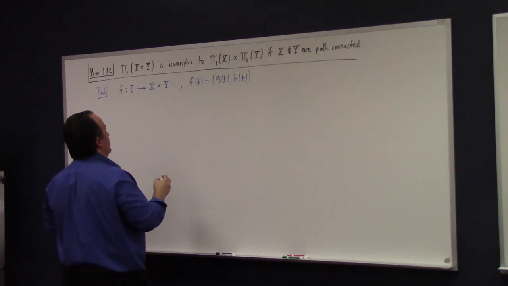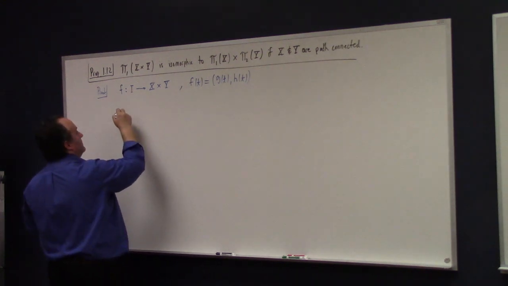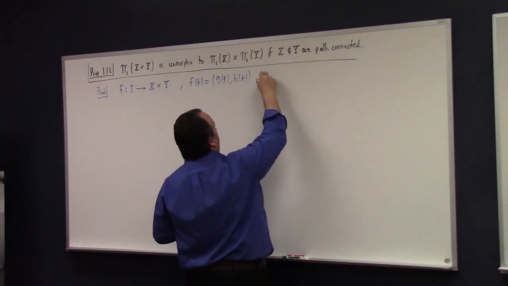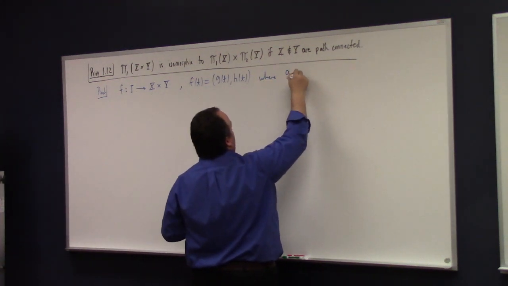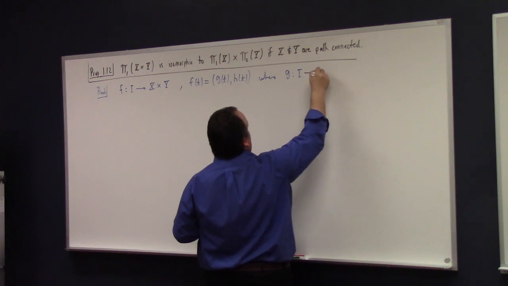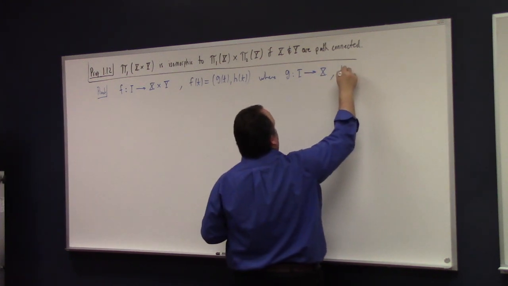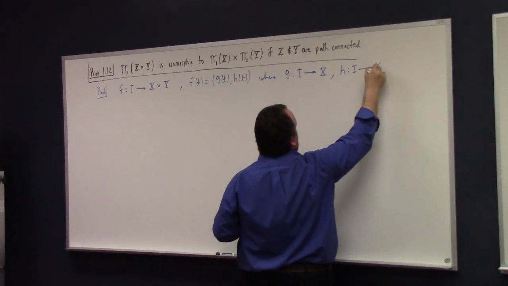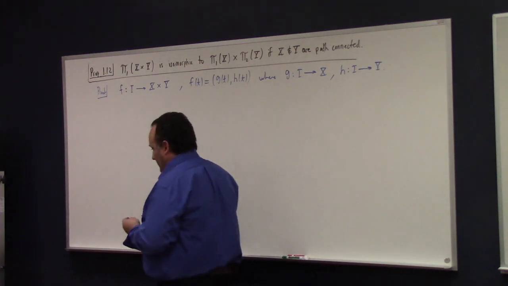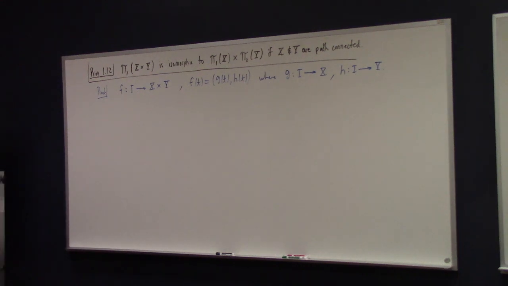Where here g is a mapping from I to X, and h is a mapping from I to Y. And furthermore, Hatcher points out that continuity of f, using the product topology on the Cartesian product of X and Y, implies continuity of g and h, and I think vice versa.